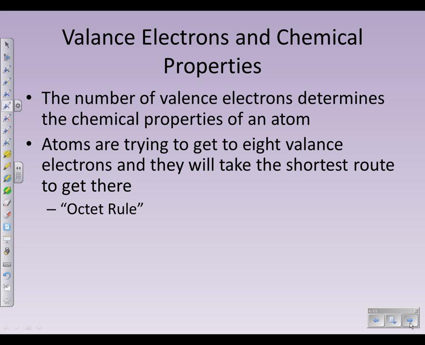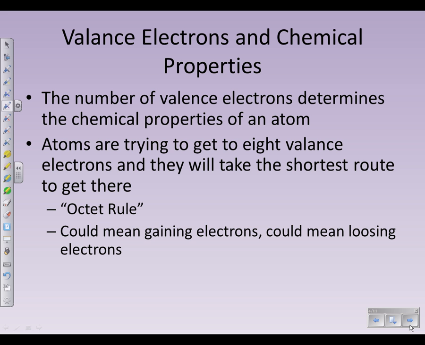The octet rule says that atoms are trying to get to 8 valence electrons, and they're going to take the shortest route to get there. Why 8? Because what does that mean about their valence shell? It's completely full. Okay? That could mean that atoms are going to gain electrons, or it could mean that atoms are going to lose electrons. It just depends on where they start.